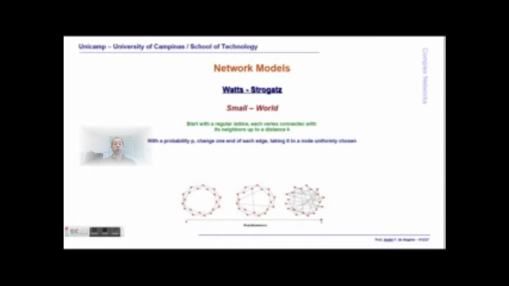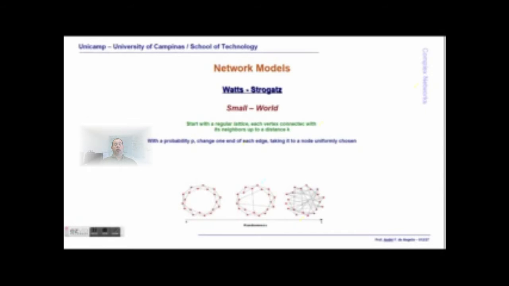Another very successful model was the model proposed by Watts and Strogatz. And this model is known as small world networks. Small world because we have small paths in a big network. It is something like, if the network grows linearly, the length of the paths inside the network will grow about logarithmically.